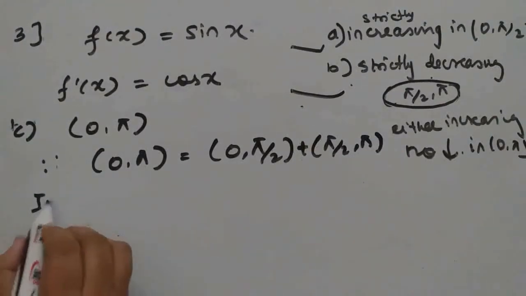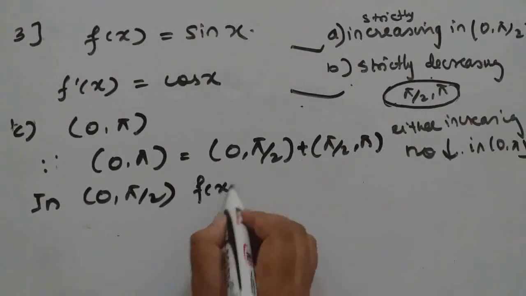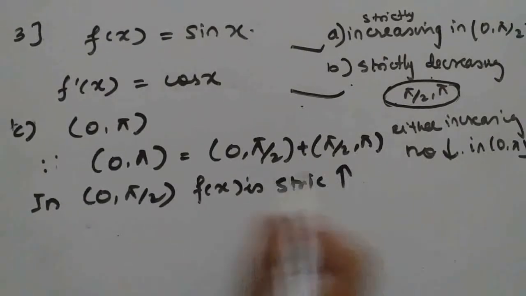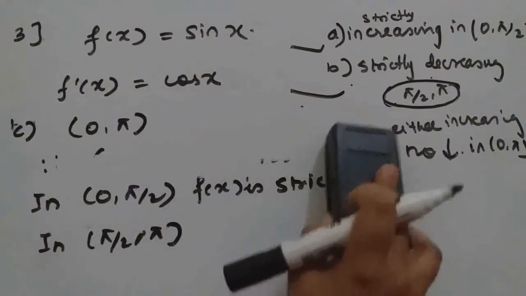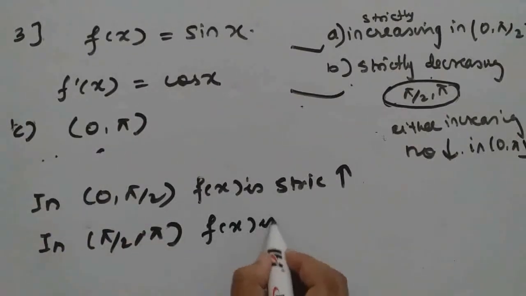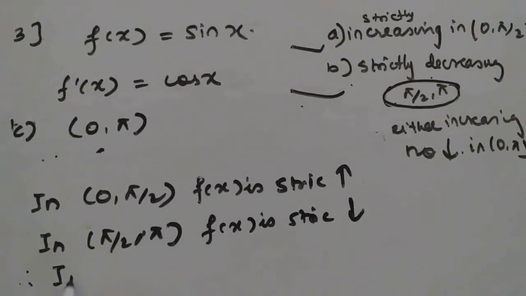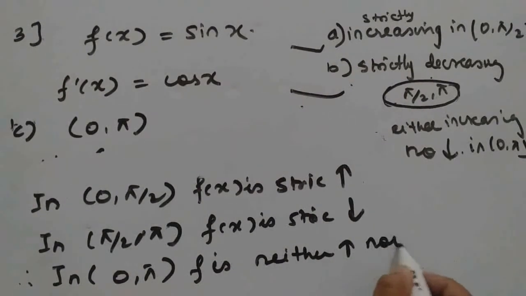So in 0 comma pi by 2, f of x is strictly increasing, in pi by 2 to pi, f of x is strictly decreasing, therefore in 0 comma pi, the function is neither increasing nor decreasing.